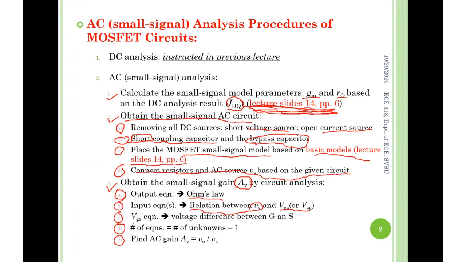The third equation is the VGS equation. You might need this. VGS equation means VGS equals what? VG minus Vs. Very simple.